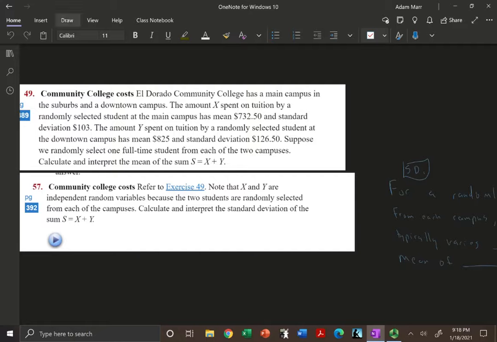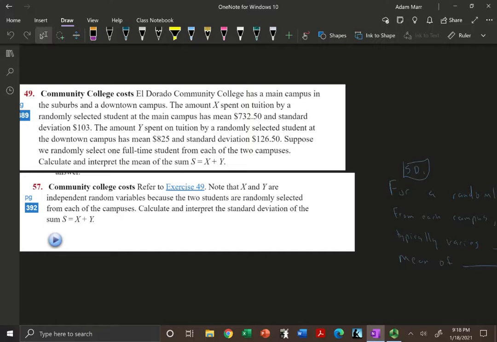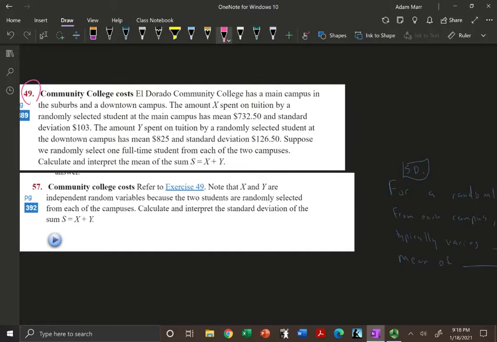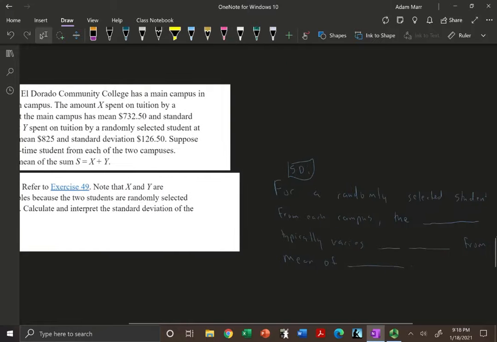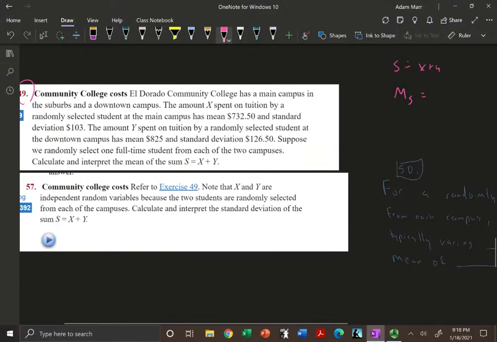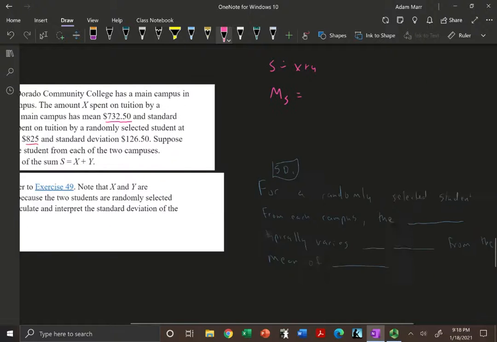All right, so remember one thing, just one key thing. Mean follows common sense, right? So in this case, if the sum equals X plus Y, our mean of this sum is just going to be the mean of X, which was $732.50, and the mean of Y, which is $825.